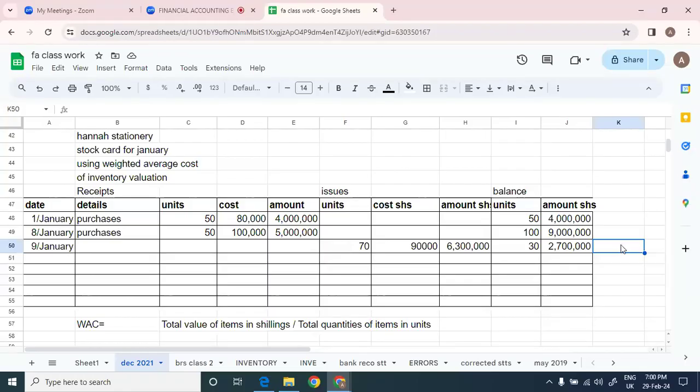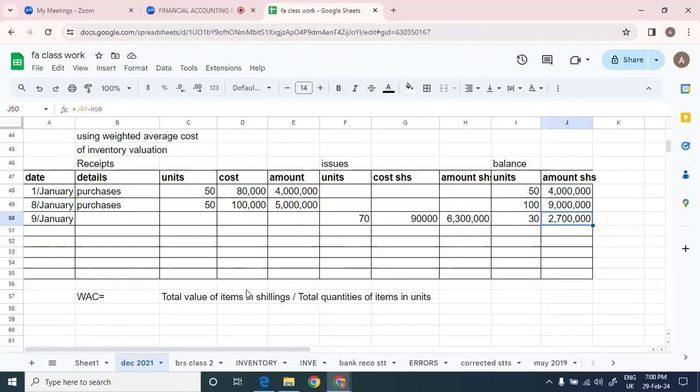Okay. So, I beg your pardon on that. On which one? How we got the 2.7. We said under balances, weighted average cost tells us total value of items in shillings divided by total quantities of items in units.